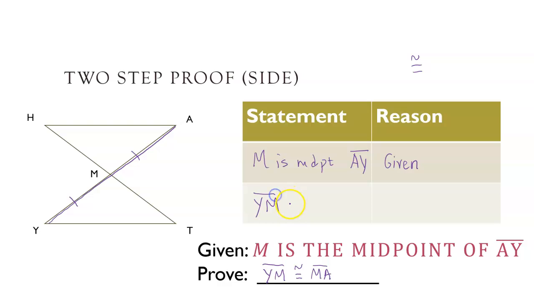In our diagram, we just successfully showed a side, as long as we have a reason here. The reason that YM is congruent to MA is the definition of midpoint, which says that the midpoint divides our line segment into two congruent line segments.